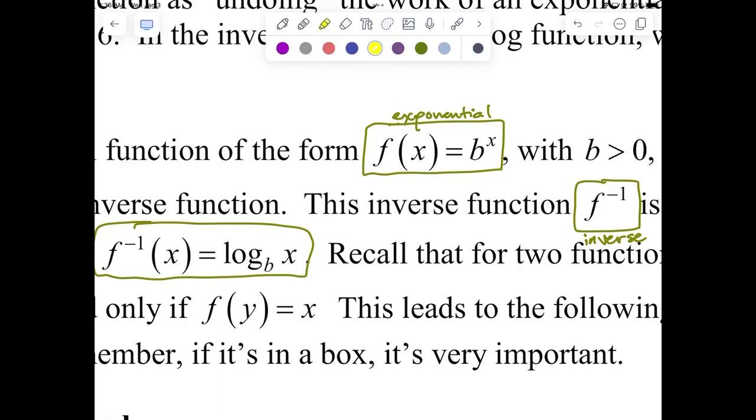So notice what's common in both of these. The b and the b are both called the base. The b is the base in both forms.